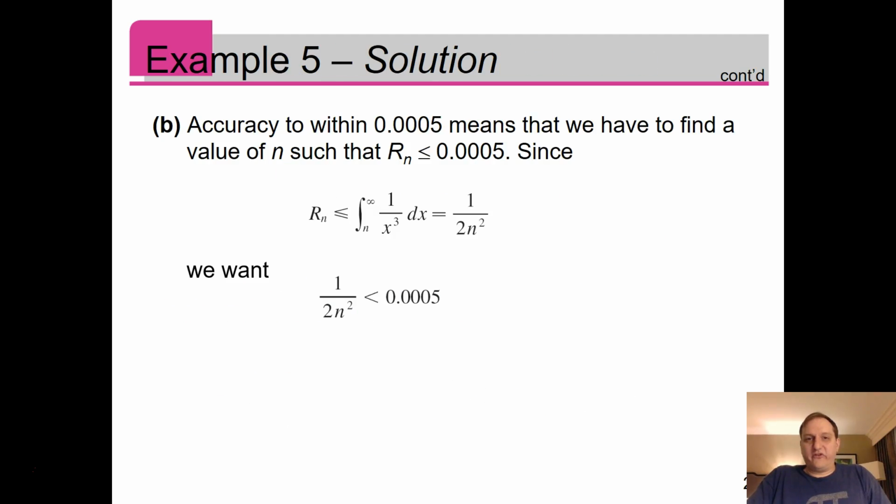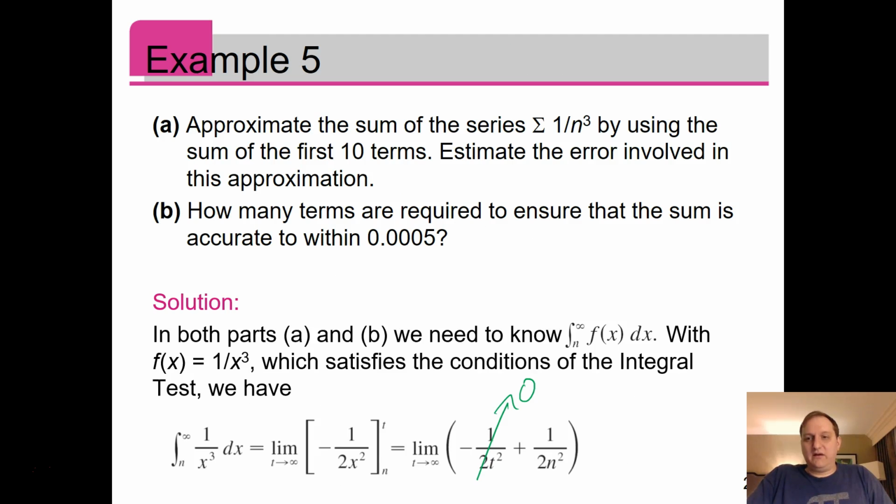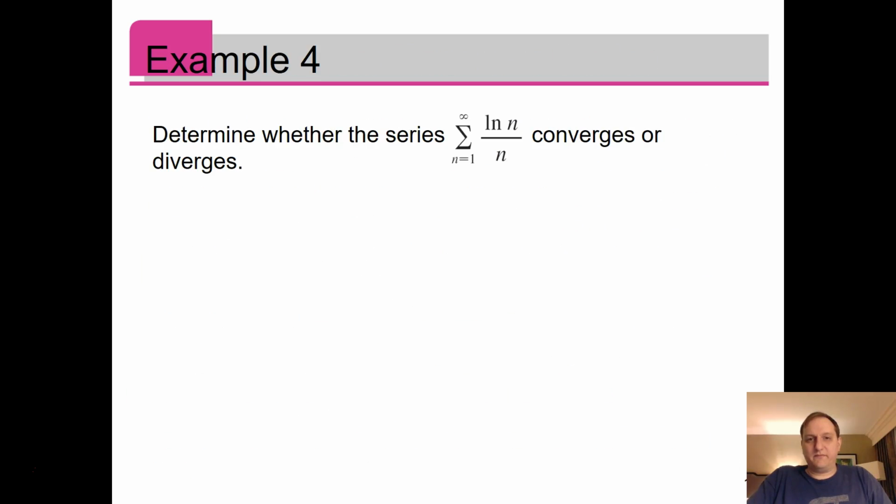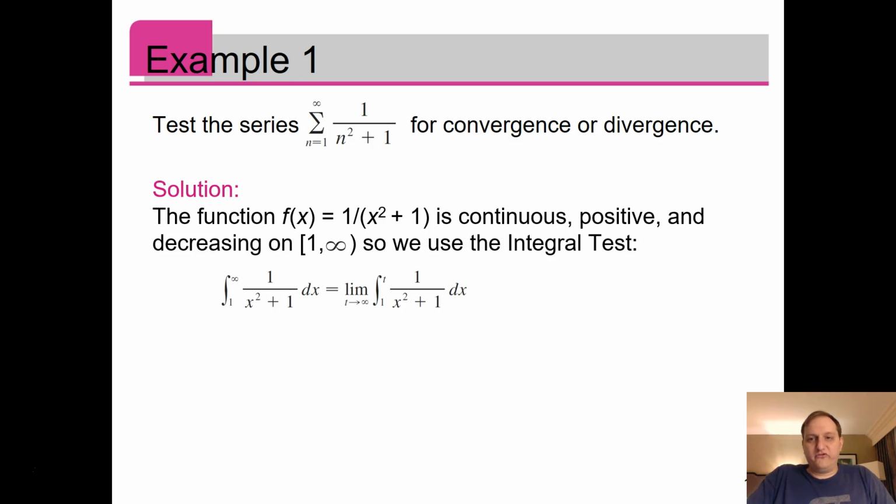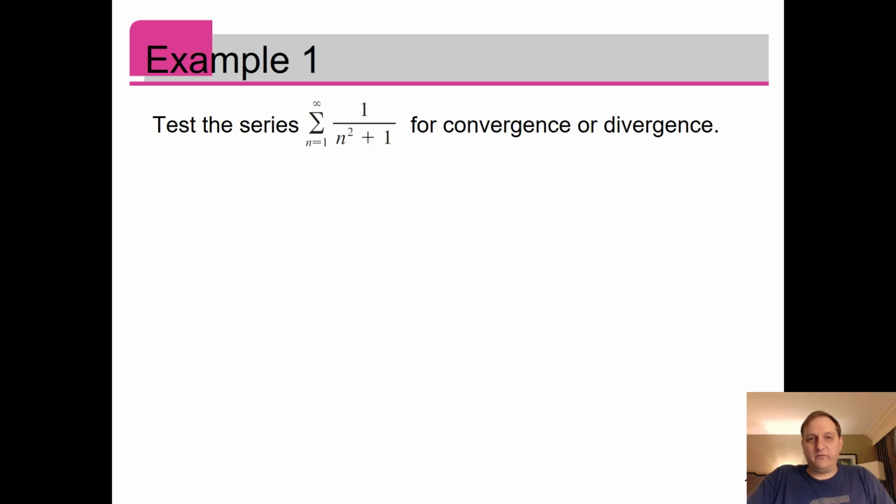That does it for chapter 11.3, which is the integral test. So just to recap, we learned about the integral test. I'm going to go back to that slide. Takes a long time to scroll back. There it is.